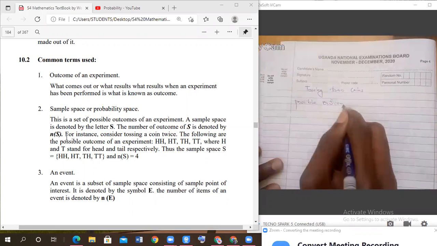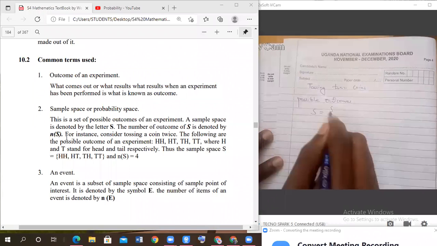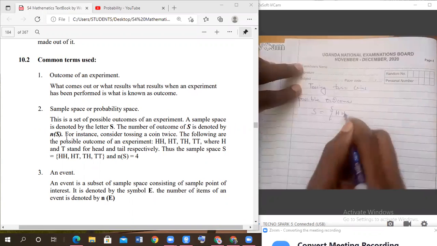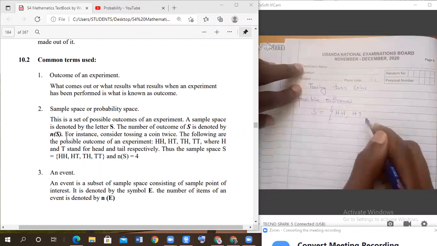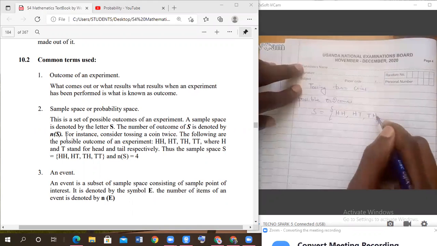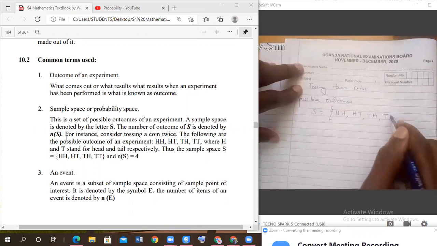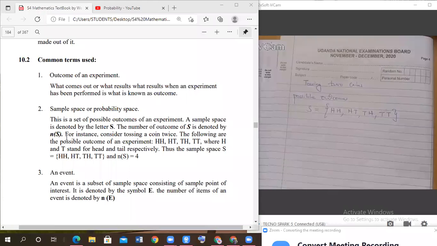Head and head. So our sample space will be, the first coin can show the head, not so? We can have head, tail. We can have tail, head. We can have tail, tail. So what's the number of our sample space?